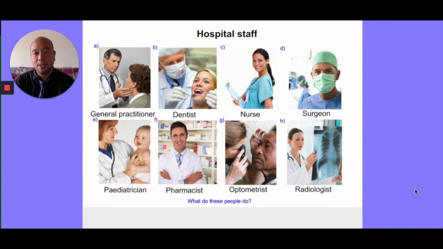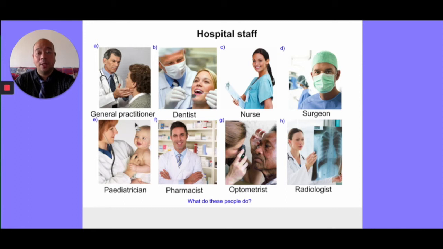Okay, so these are some of the different hospital staff that you might see when you visit the hospital. But what do these people do? Do you know? Okay, let's talk about what they do. First of all, the general practitioner. So basically, the general practitioner is the doctor that you would normally see if you have some basic health problems.